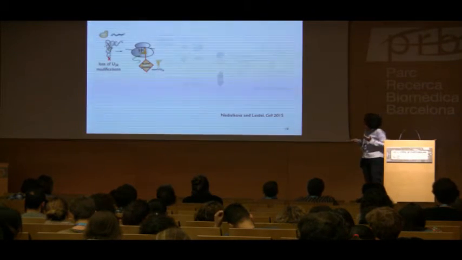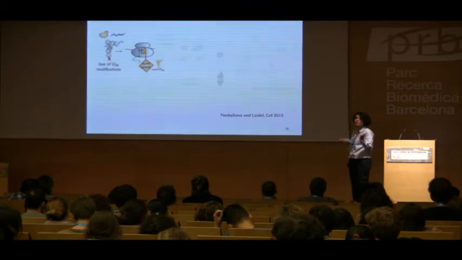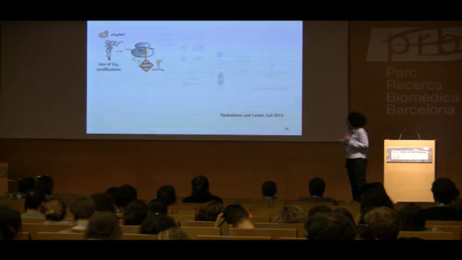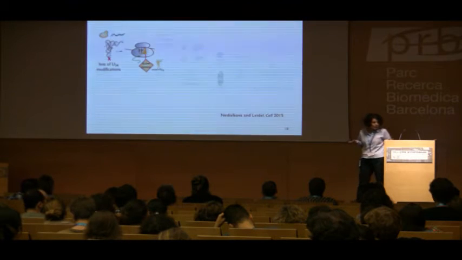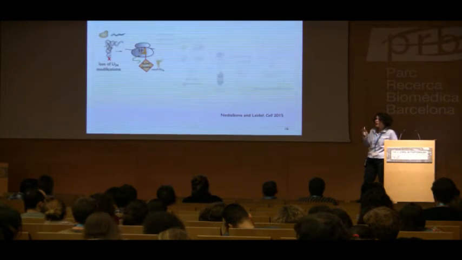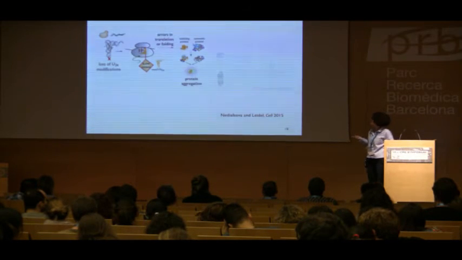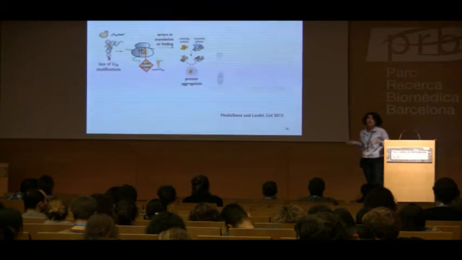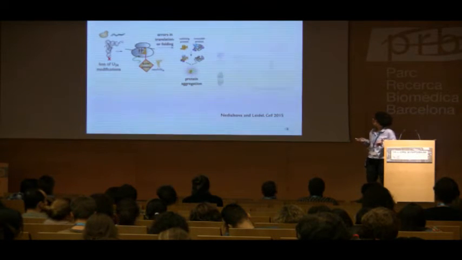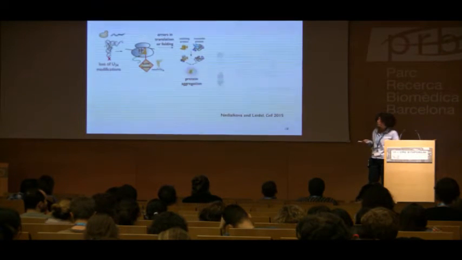So by exploring the consequences of ablating modifications in the tRNA anticodon, we were able to show for the first time that a slowdown at a couple of codons only, when it's not programmed in a cell, is sufficient to trigger proteotoxic stress and the aggregation of many, many endogenous proteins.